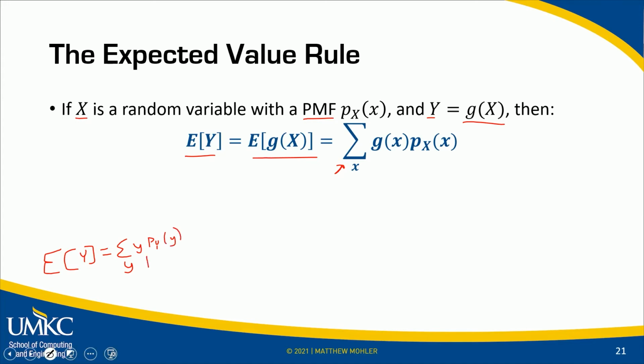So again, we're saying what is the value, and multiplying that by the frequency of that value, and that gives you the expected value of some random variable y.